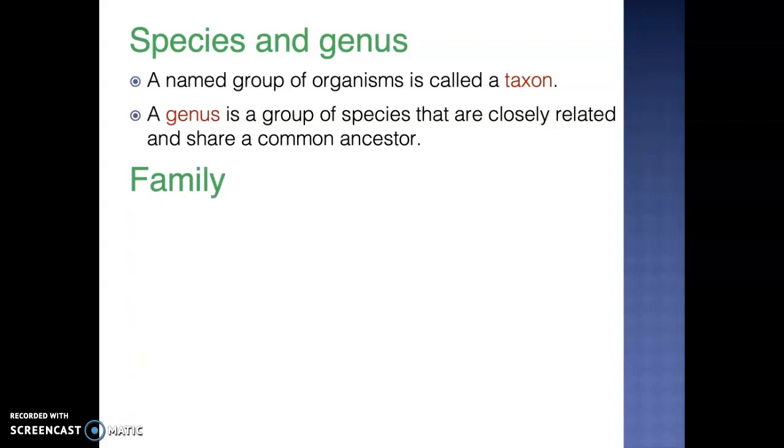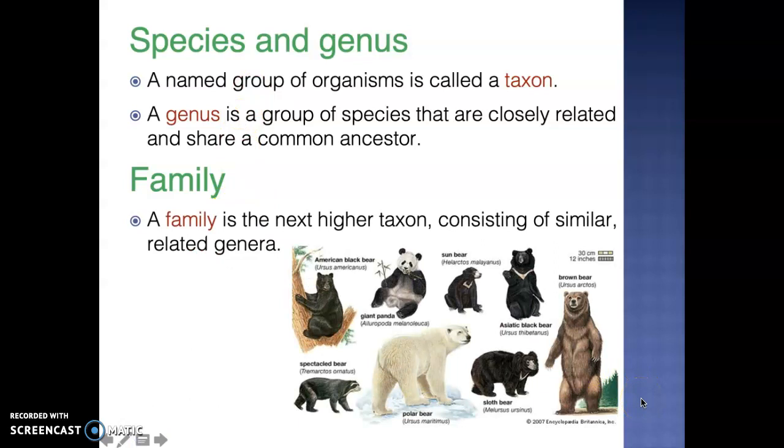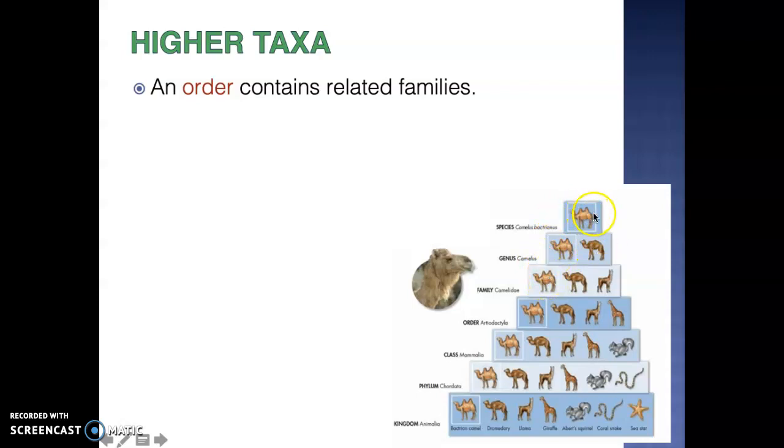Then we have family. So once again, species is the smallest, then it's genus, then we go to family. Family is the next higher taxon consisting of similar genera. Genera refers to genus. Next comes order, and you can see species fits into genus, genus fits into family, and family groups fit into orders.